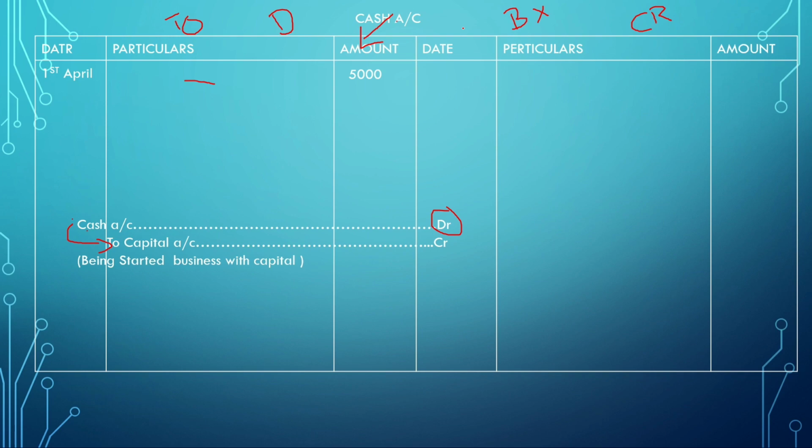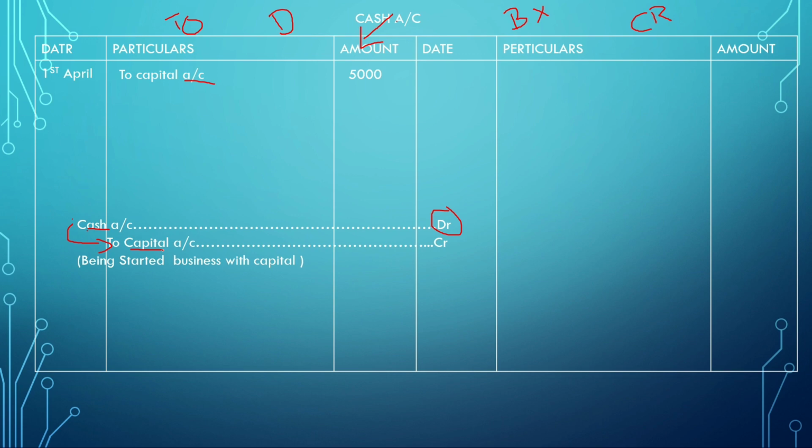If you are opening the ledger account for the cash account, in that column you write the opposite one. The opposite of cash is the capital account. So you write "To capital account". That is the one entry.